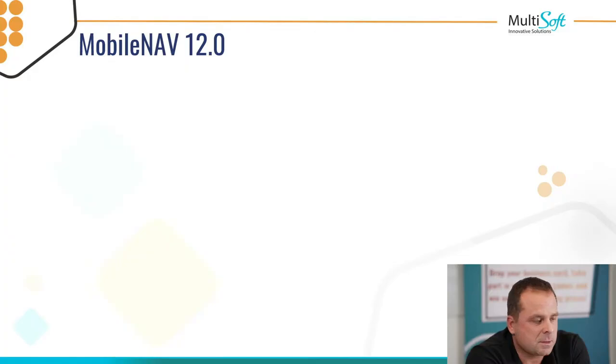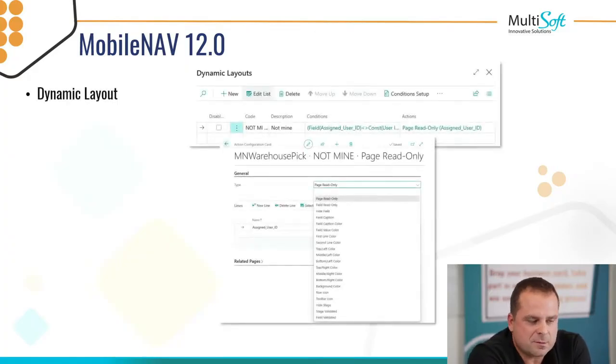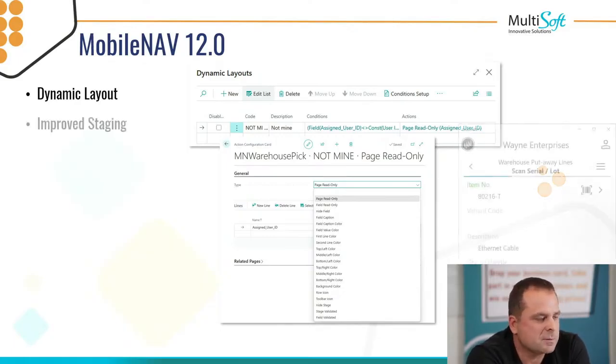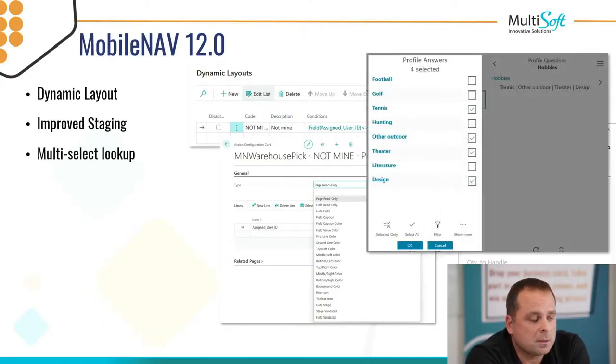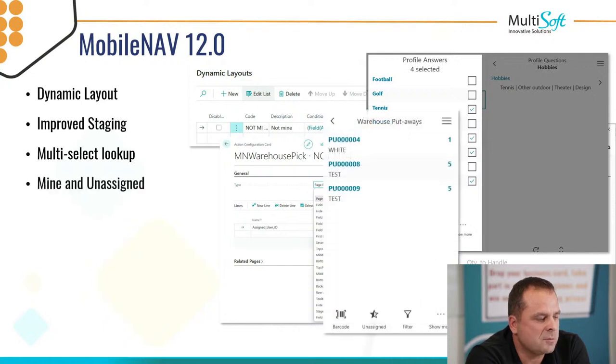Now let's start with 12.0, the new release features. The most important feature, in my opinion, is the dynamic layout. This is a very important topic, so we will start with this one. We will talk about improved staging, multi-select lookup possibility in MobileNAV.